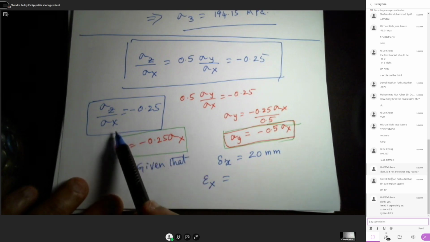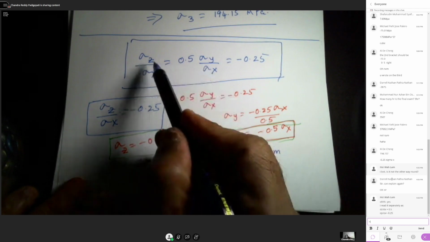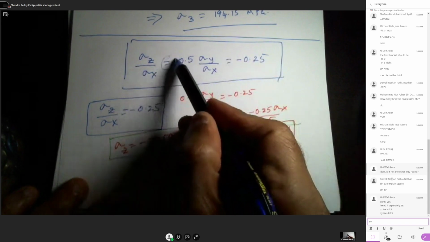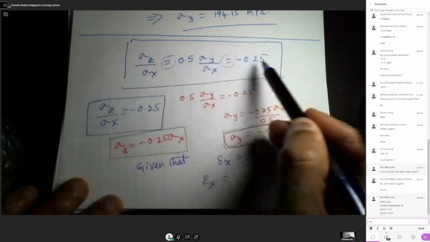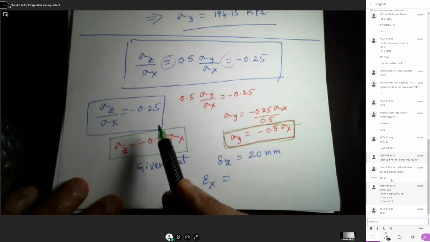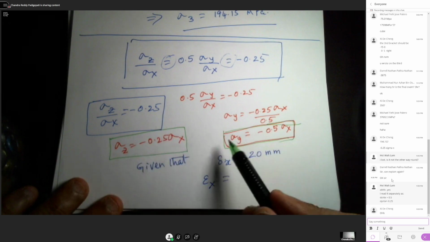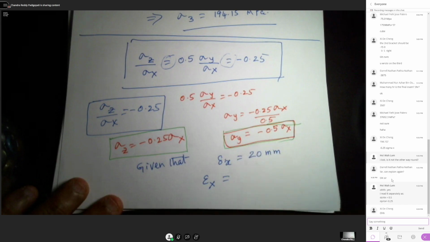Sigma z over sigma x is negative 0.25. So there is one equality here, and this whole thing is one equation. Either way, your final expressions for sigma z and sigma y will be the same.